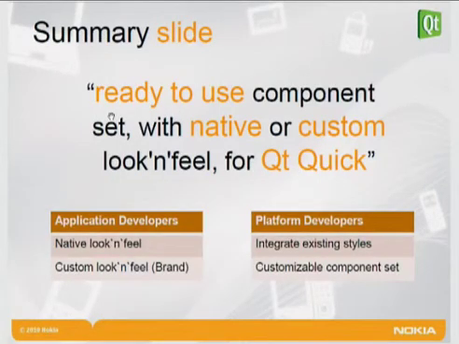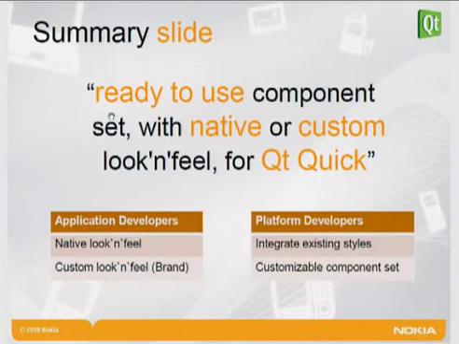So I know you guys have seen a lot of the presentation. I showed even some things that today still don't fit in a unified story. But if there's one thing you should take out from the presentation, it's maybe this last slide. You can forget the rest. What we're trying to achieve in this project is to provide a ready-to-use component set with a native or custom-looking feel for Qt Quick.